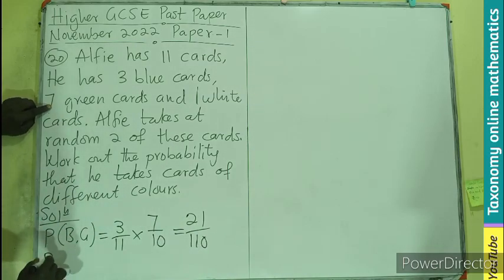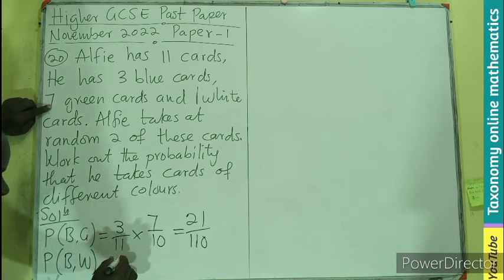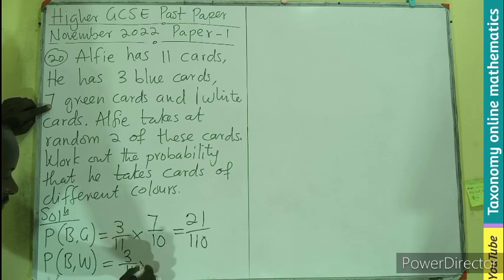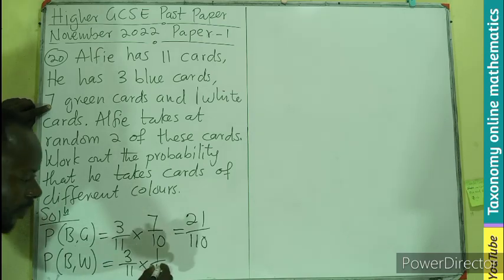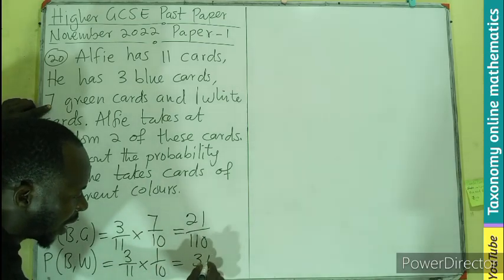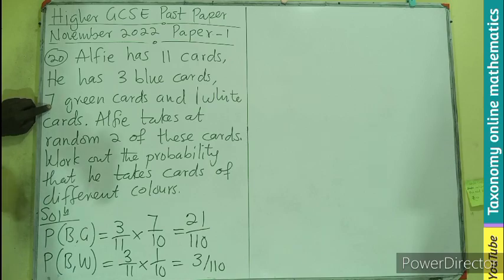Then for probability of first being blue, second being white: blue will be the same, 3 out of 11. White is 1 out of 10. The quantity will decrease, but the white will remain the same. That will give you 3 out of 110.